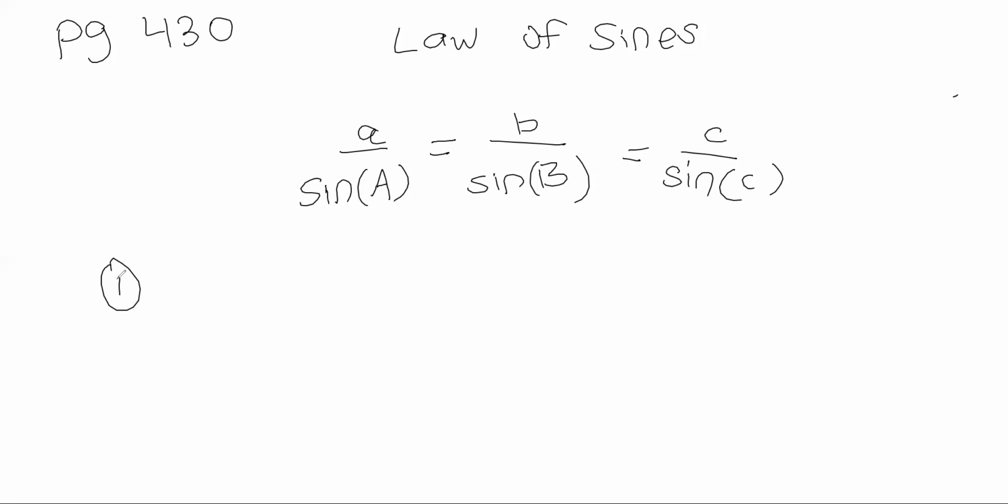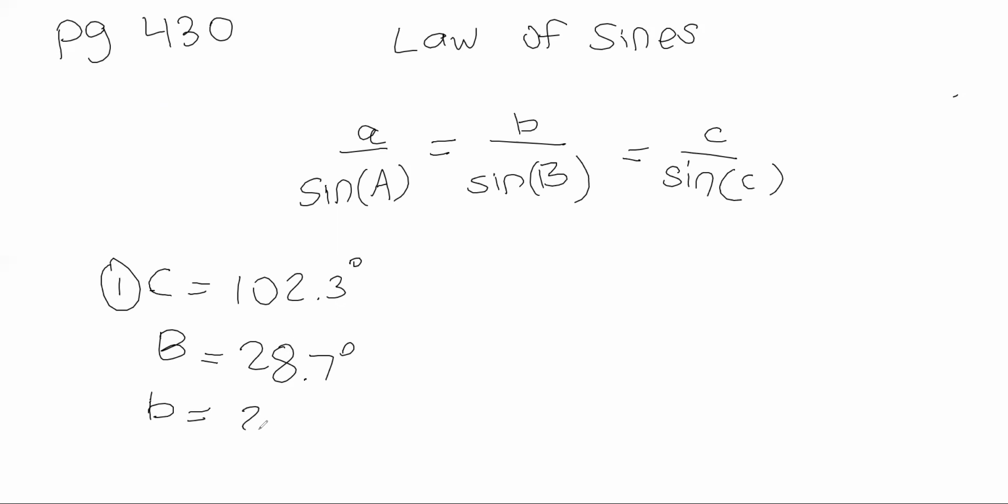They tell us that C is a 102.3 degree angle, and that B is a 28.7 degree angle, and side length b is 27.4 feet. Find the remaining angles and sides.